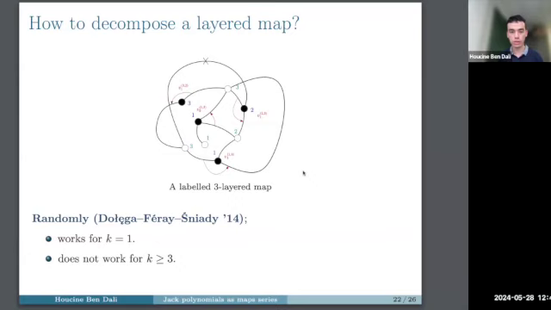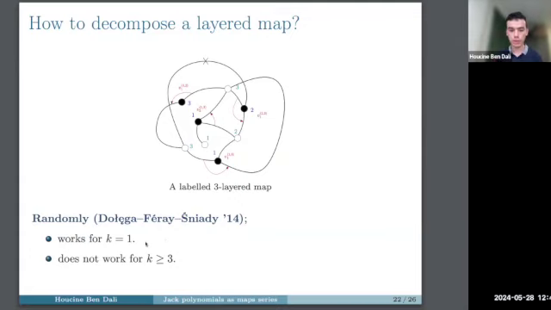This idea was used by Dołęga, Féray, and Śniady in 2014, and they proved that when we are working with one-layered maps, this is a good answer. The statistics obtained give Jack characters, but just for one-layered maps. In terms of partitions, it corresponds to Young diagrams which are rectangular.